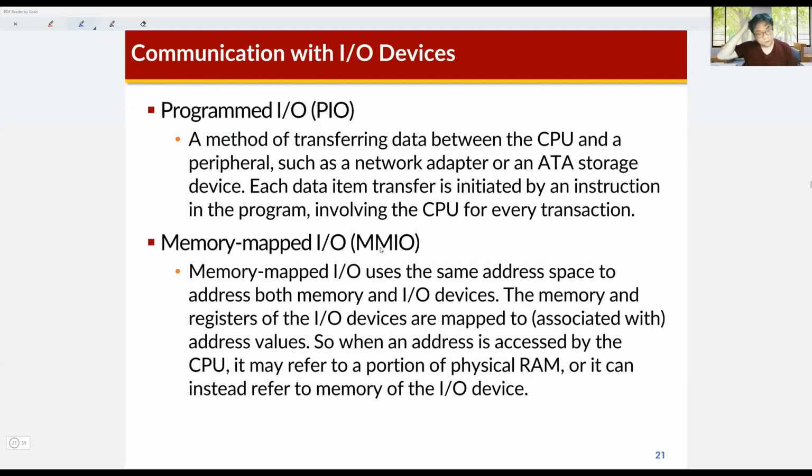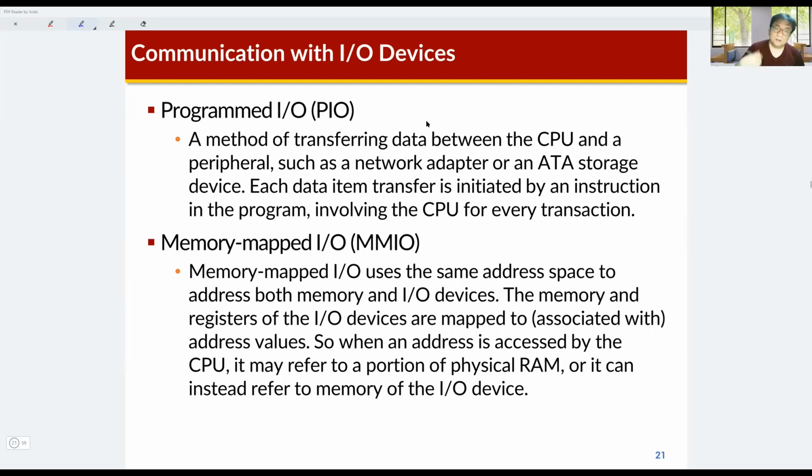Also, there are two different communication methods: programmed I/O, called PIO, and memory mapped I/O, called MMIO. Programmed I/O means that the data transfers between the CPU and I/O devices are controlled by CPU instructions.